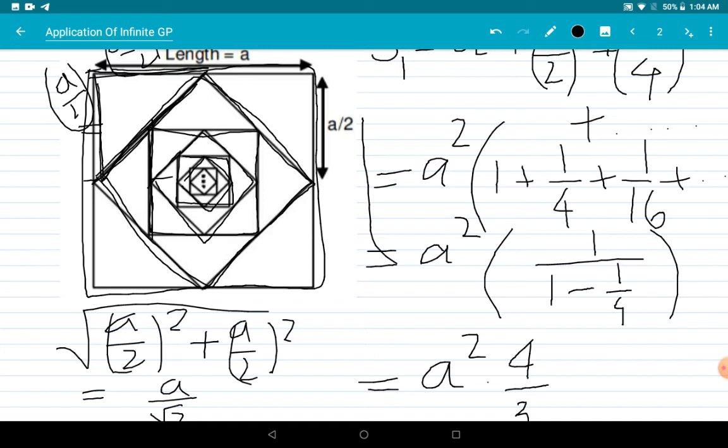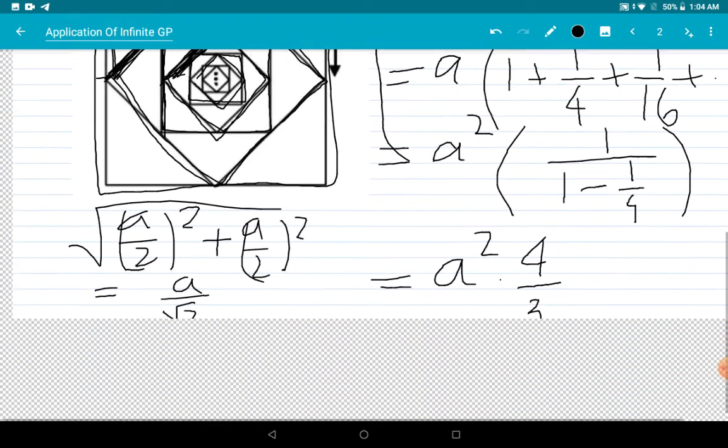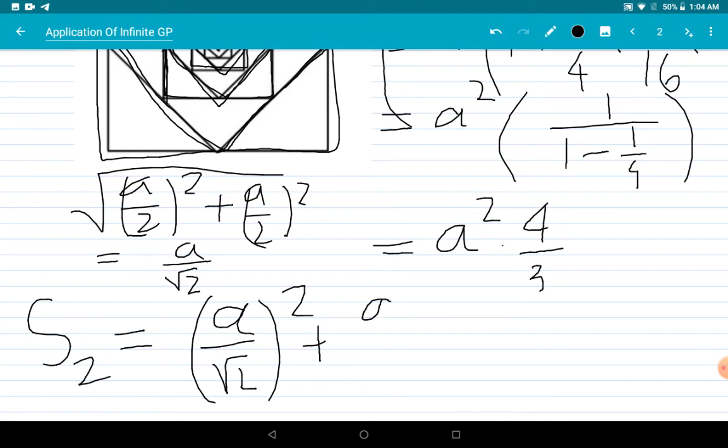After that, what will be the area of this? If this length is a by root 2, by symmetry we can show that this side will again be a by 2 root 2, right? So this one will be (a by 2 root 2) the whole square.